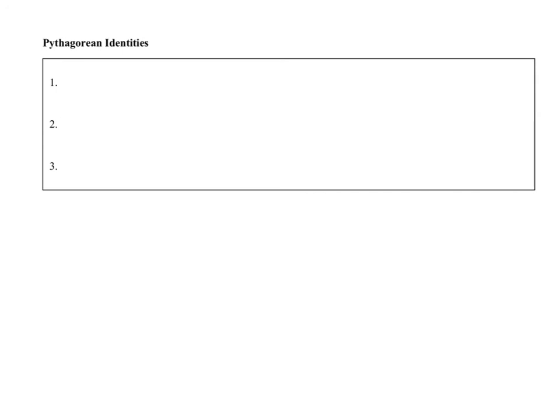Okay, the last three identities that I'm going to introduce in this section are called the Pythagorean identities, and these are the following. So the first one is sine squared theta plus cosine squared theta, and it doesn't matter what theta is, that is always going to equal 1. Now this identity can be rearranged however you want to.